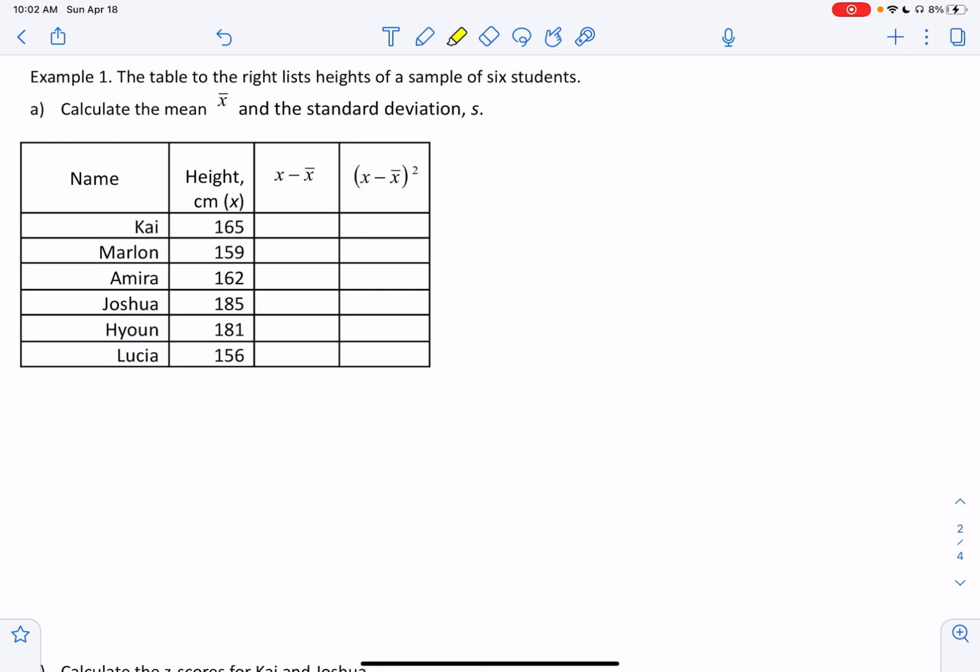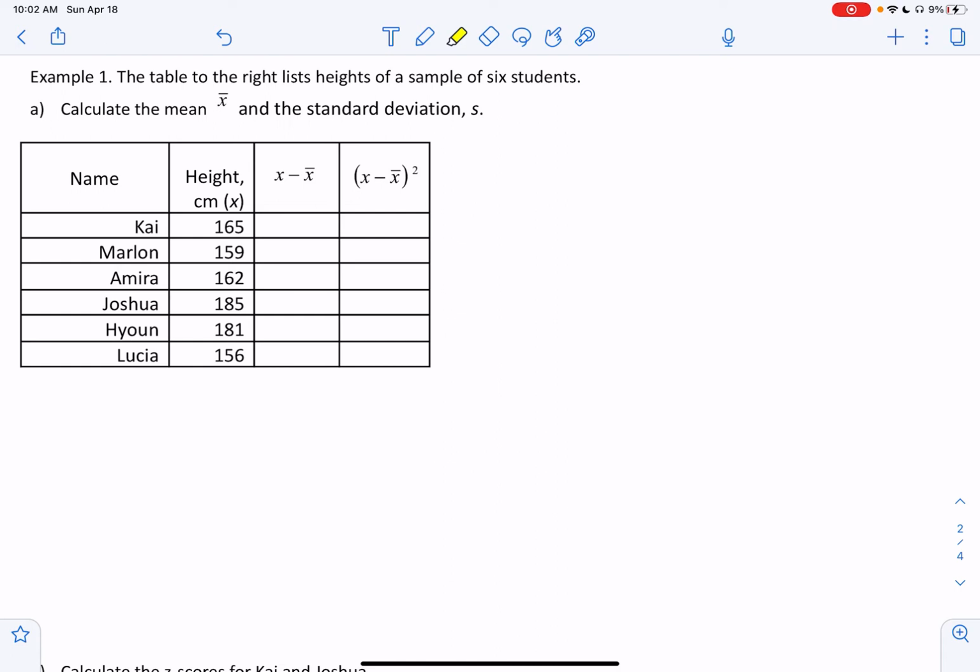Now, because we only have 6 students, this is a sample, right? There's definitely more students out there who could have been surveyed. So this is very much a sample. So we're going to start by calculating the mean, which is denoted by x bar because it's a sample, as well as our standard deviation s. Again, it's s because it's a sample.